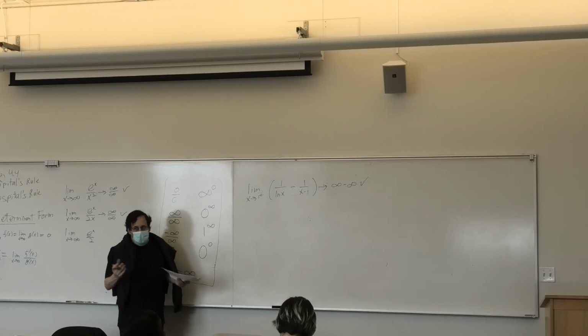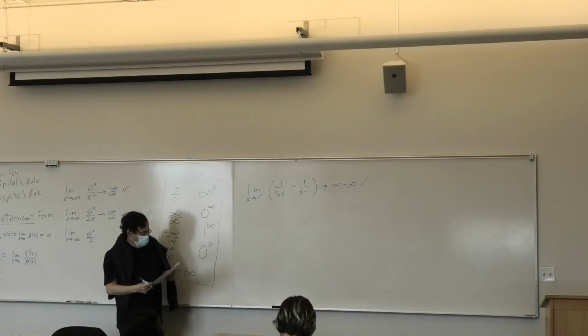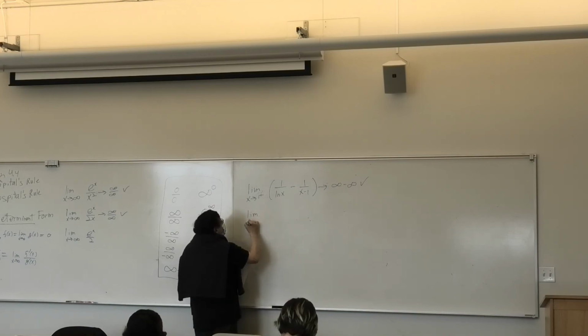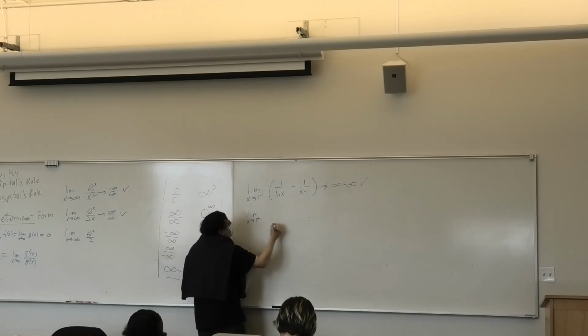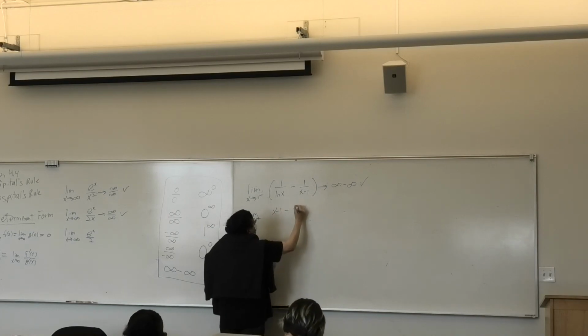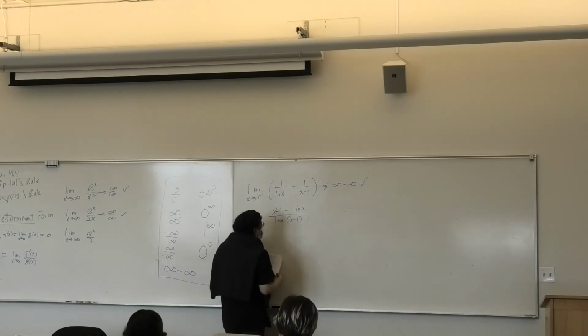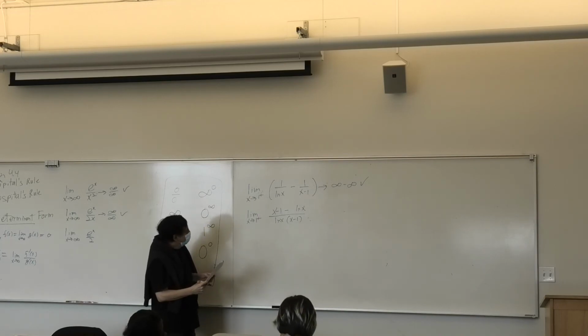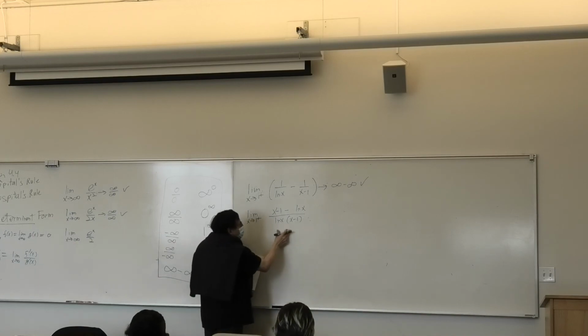But again, we still need a fraction. So let's put these over a common denominator. x minus 1 minus log of x, over log of x times x minus 1. And now let's find the derivative.